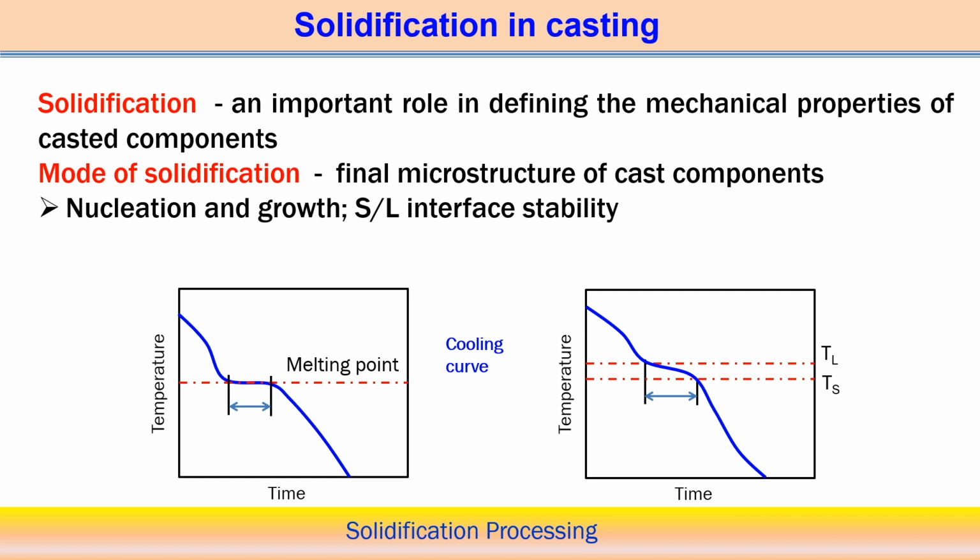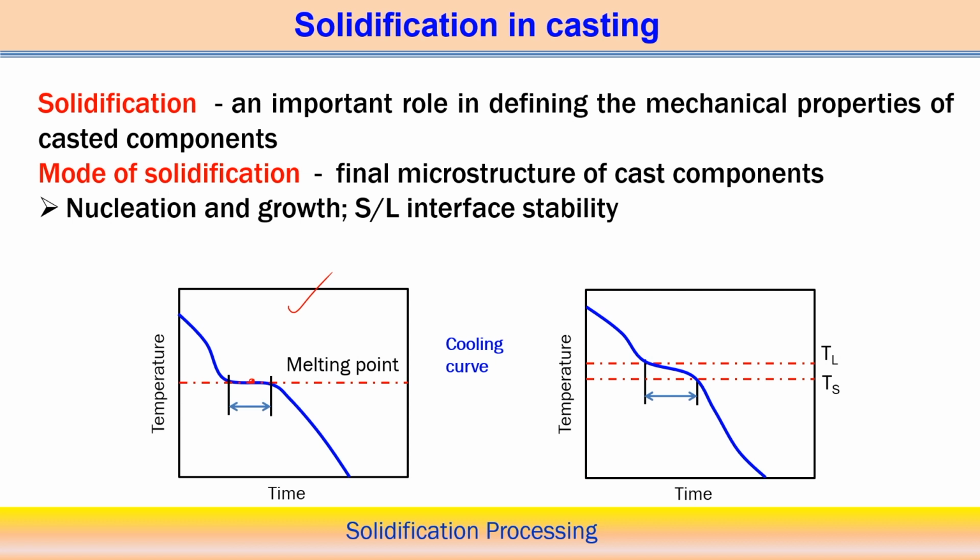In the case of the pure metal, this is the first figure. This indicates the time versus temperature diagram, and here you can see there is one single melting point temperature, but the change from liquid phase to solid phase occurs over a span of time. That is indicative of the cooling curve of the pure metal.